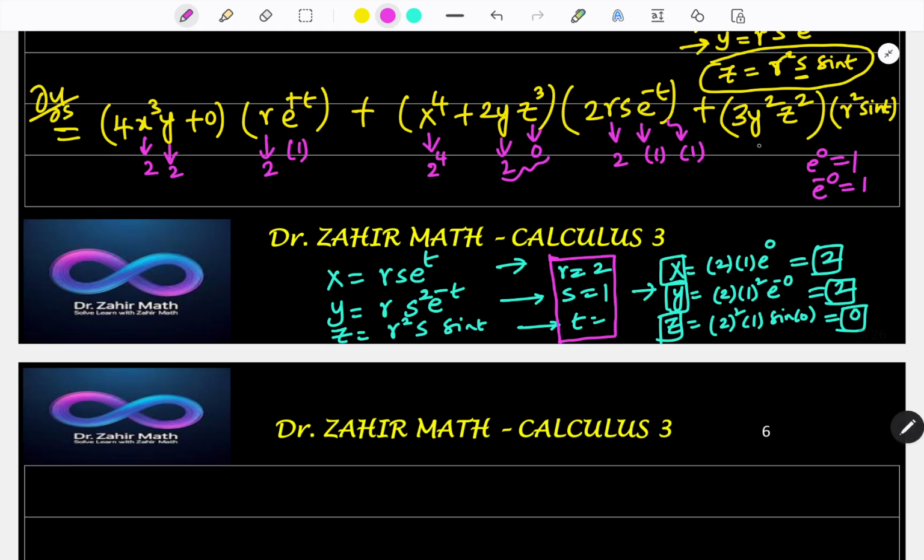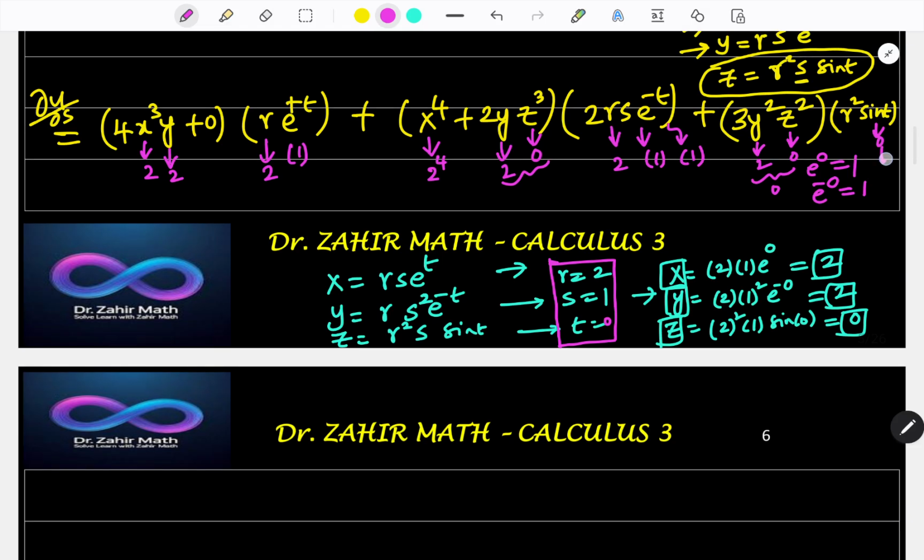Here also we need to put y equal to 2, and z equal to 0, so the whole thing will be 0, and t is equal to 0 also. When I put t equal to 0, sin 0, the whole part will become 0.